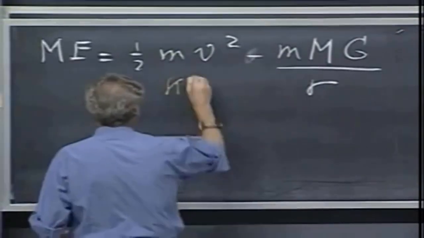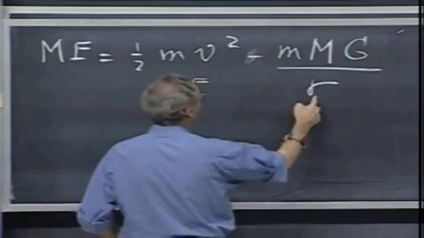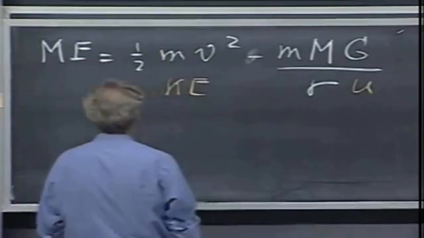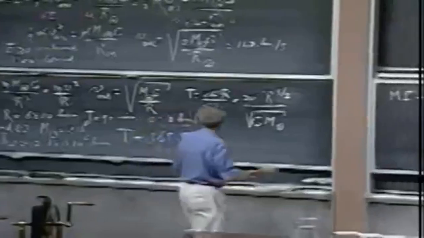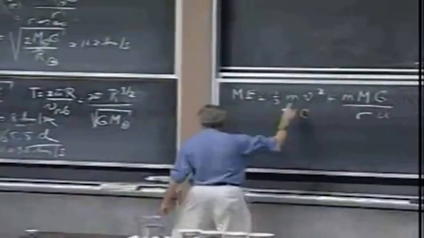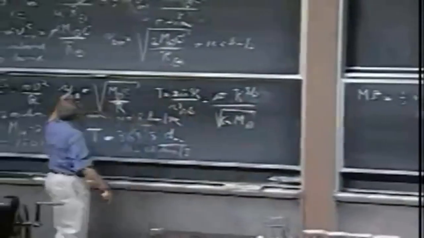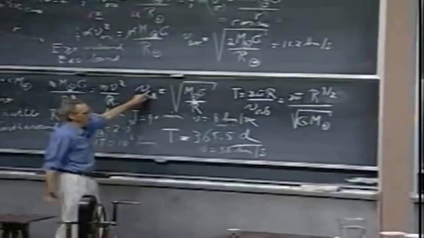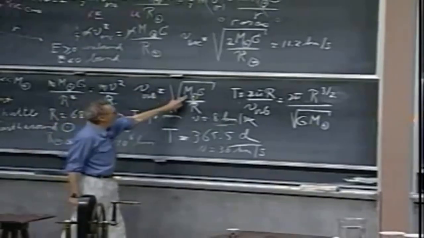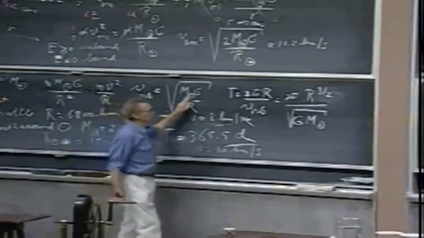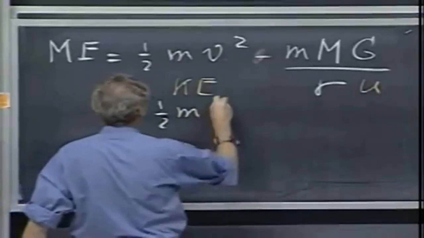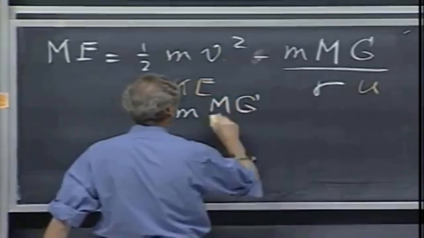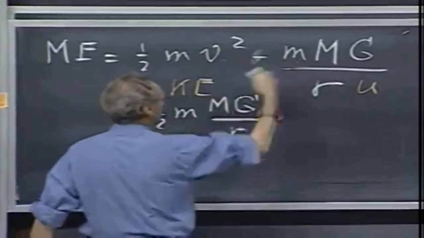This is the kinetic energy for something in orbit at this radius, and this is the potential energy. But now notice, I can substitute for this v squared the square of the orbital speed, and then I get mMG over r. And so this one equals 1/2 mMG over r. And now compare the two.